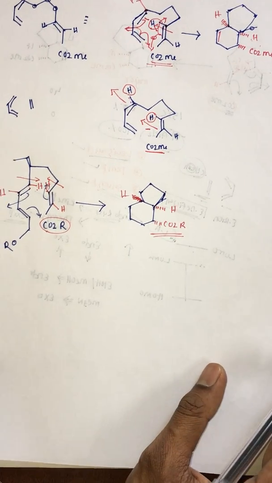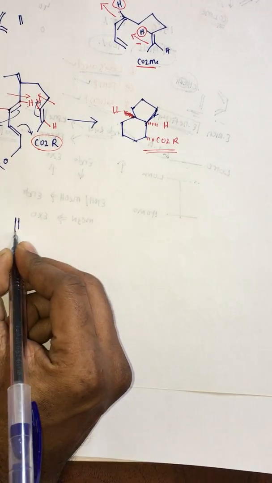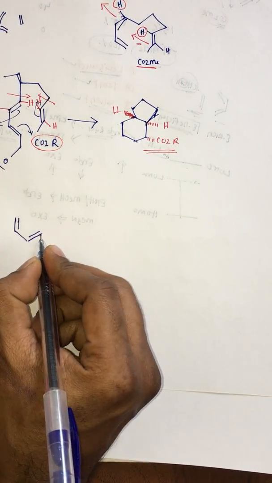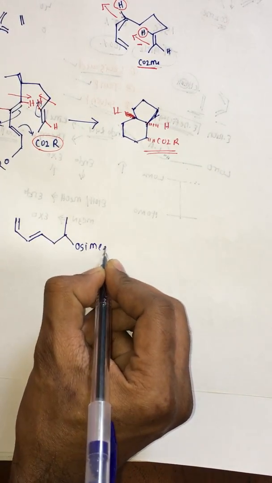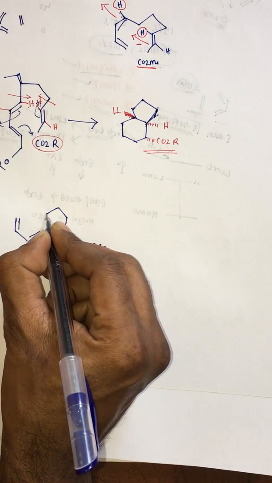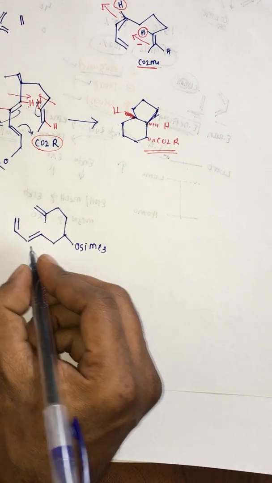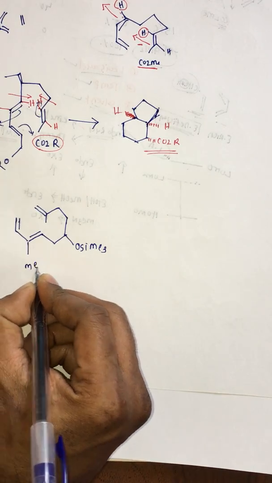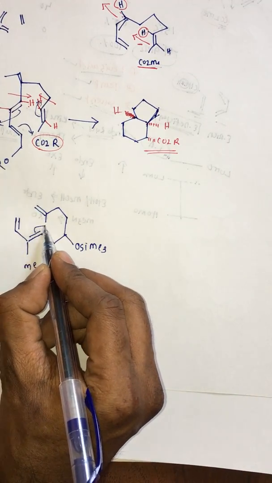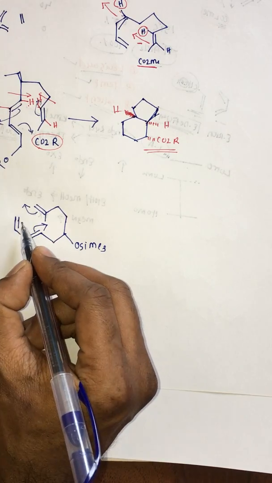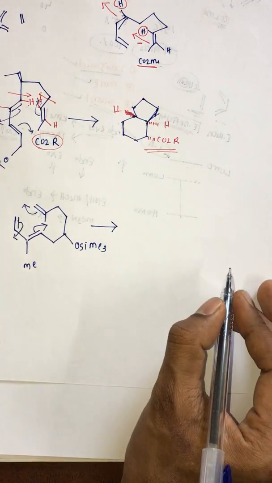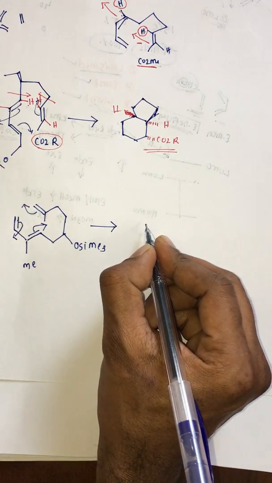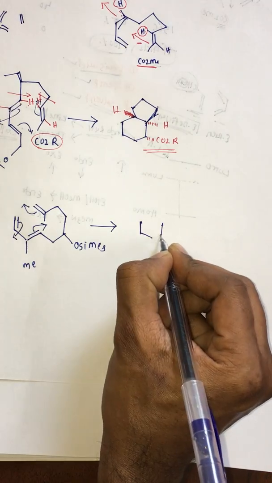And then, Me3 methyl. So this goes like this, this comes here, this comes here, so that we will get two 6-member rings here.